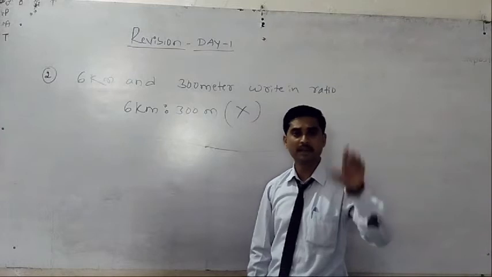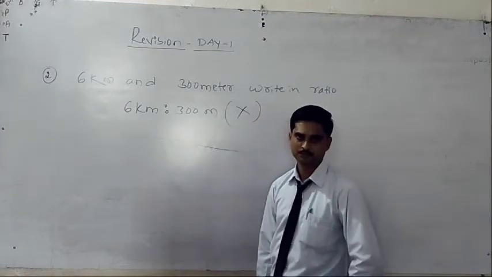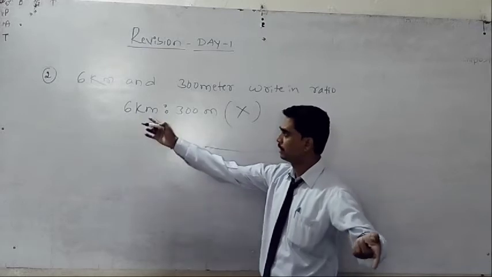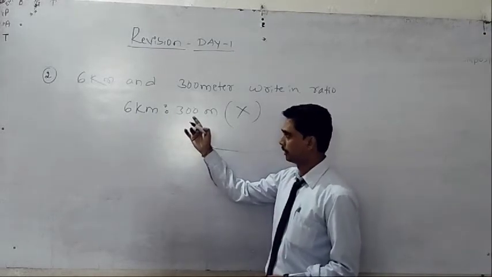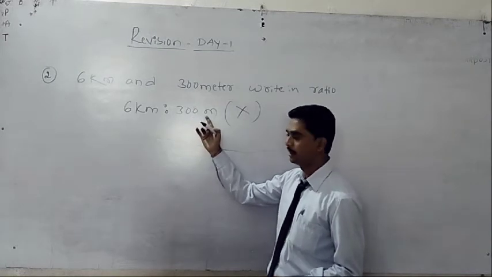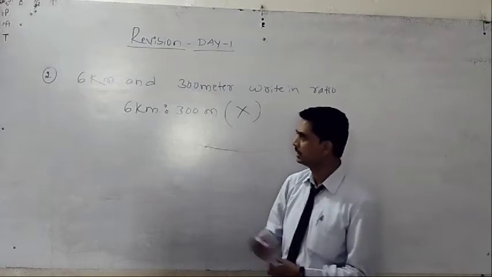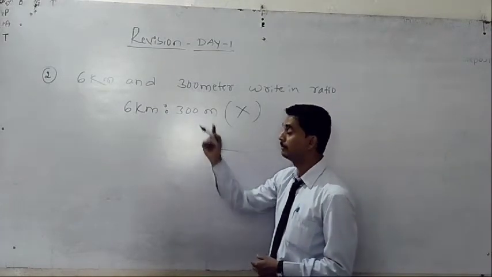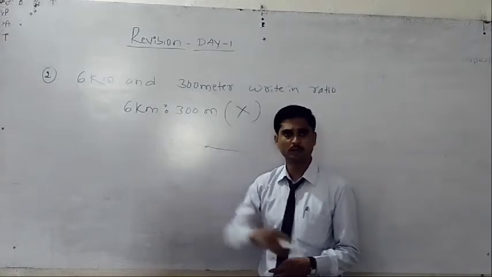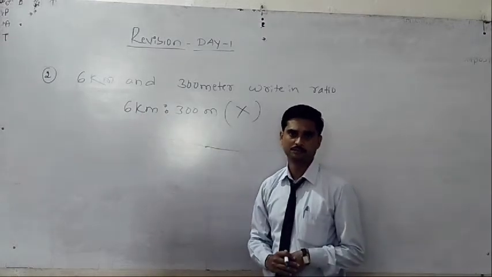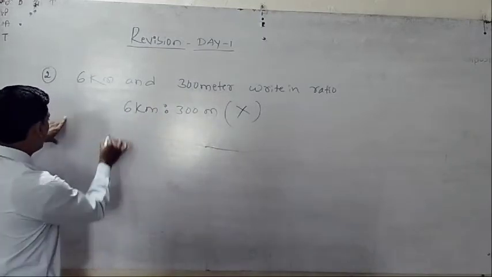You should compare the same quantity. It is not the same quantity, so you have to convert it to the same quantity. It cannot be possible to convert meter to kilometer because kilometer is bigger than meter. That's why you should convert kilometer to meter. Understand? Then 6 kilometer is there and 1 kilometer.